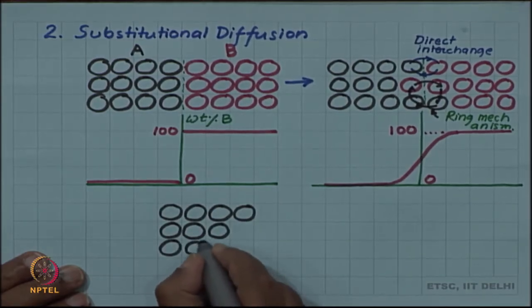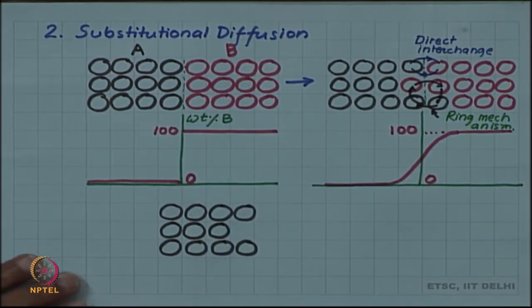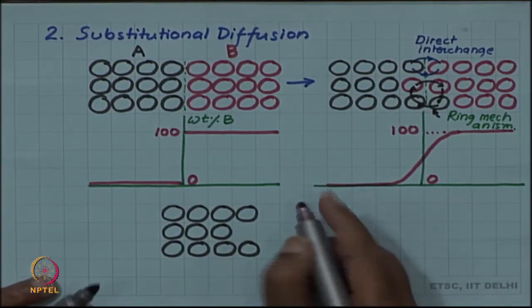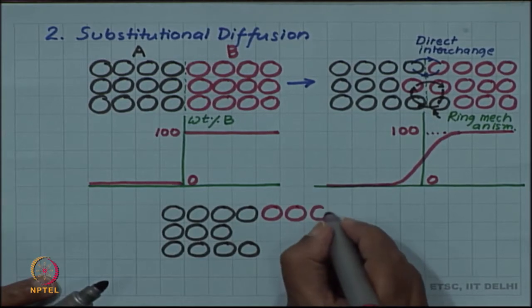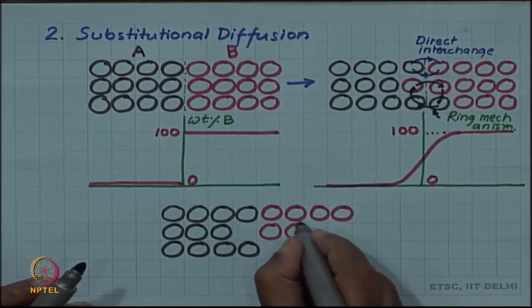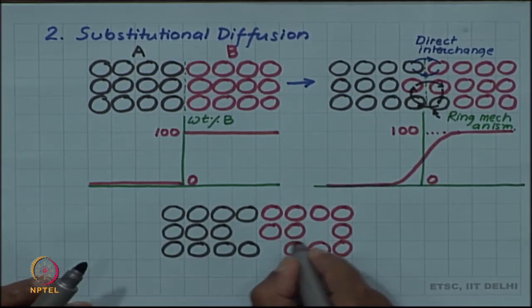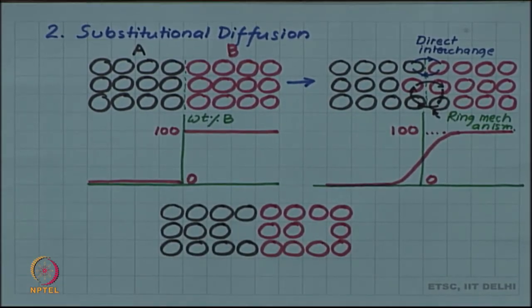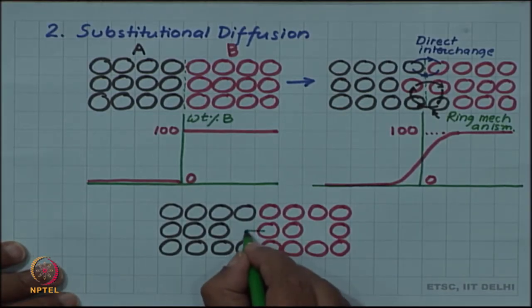So, now I am showing a vacant site in the A lattice. There can be a vacant site in B lattice also. So, there are some vacant sites in the crystal, and this is what aids diffusion, because an atom can jump into a nearby vacancy.